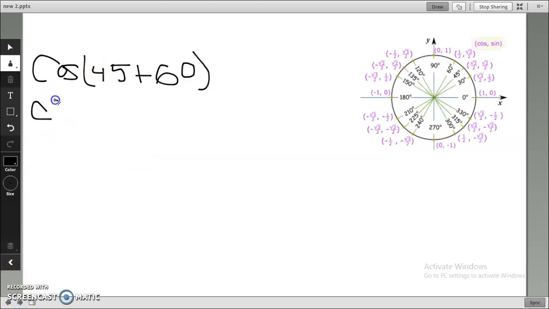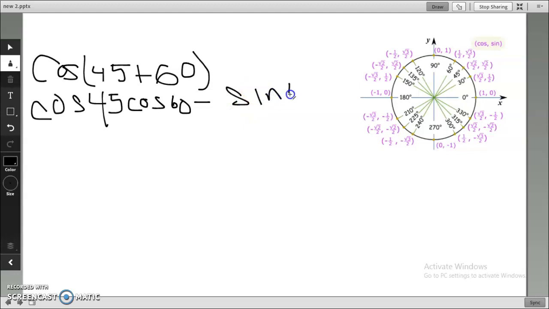So I have the cosine of 45 times the cosine of 60 minus the sine of 45 times the sine of 60. Then I'm going to look on my unit circle and find out what these values are.